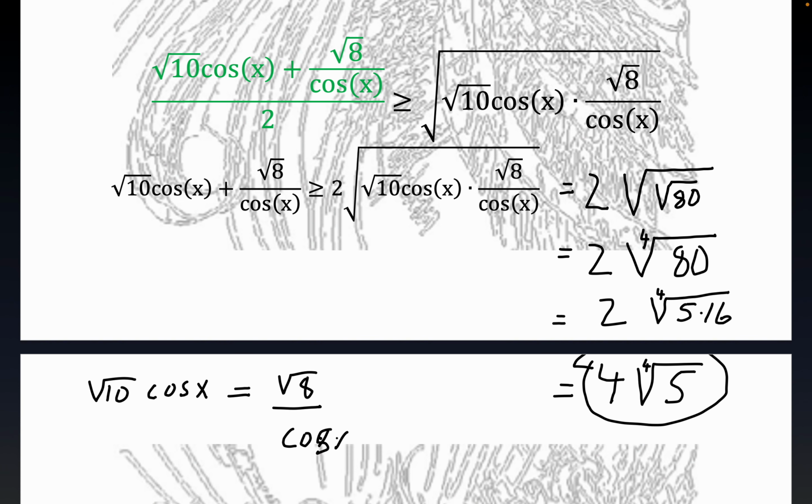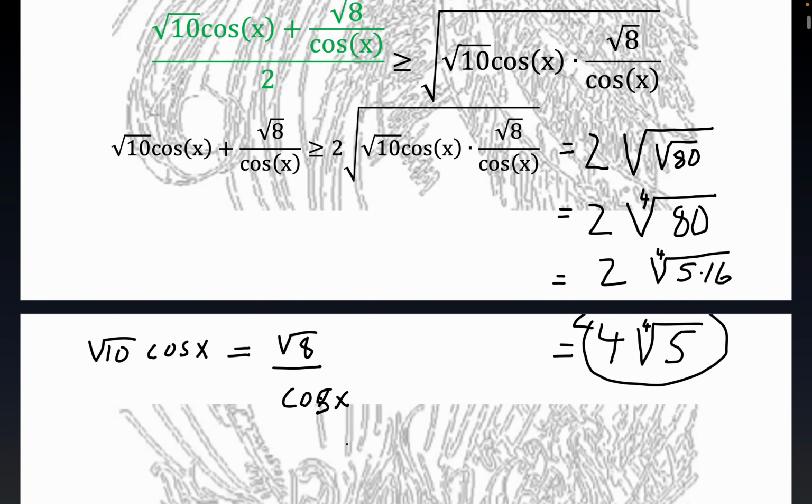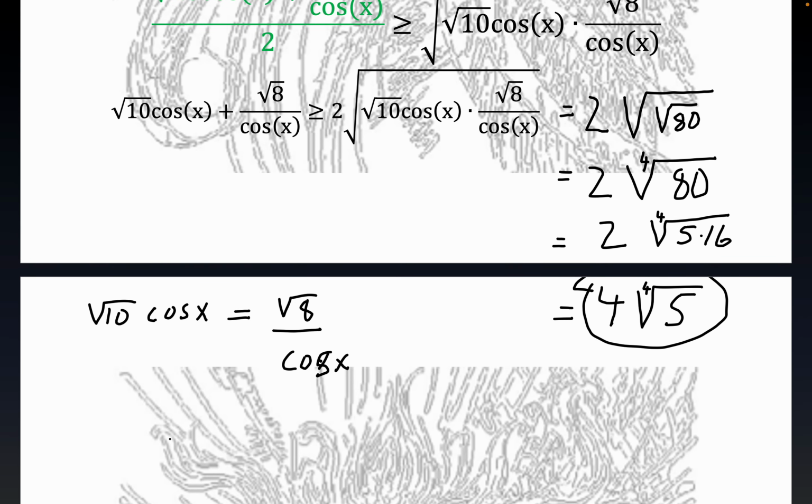Notice that this implies that cosine squared x, if you multiply through by cosine x and then divide through by root 10, is equal to the square root of 8 over 10, which is less than 1, which you would have anticipated, I think.